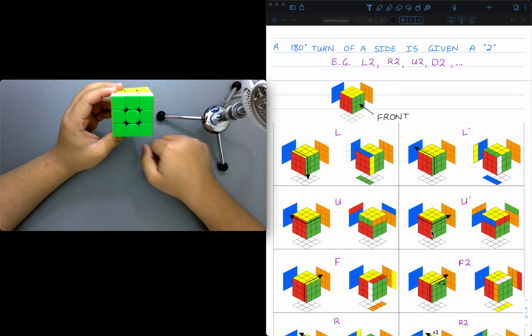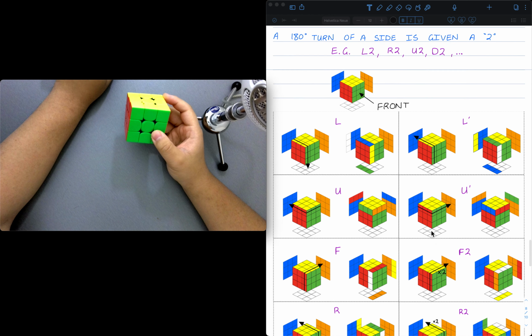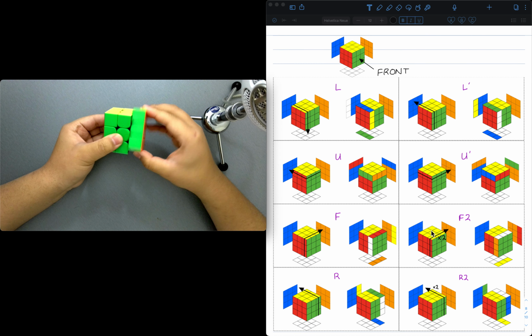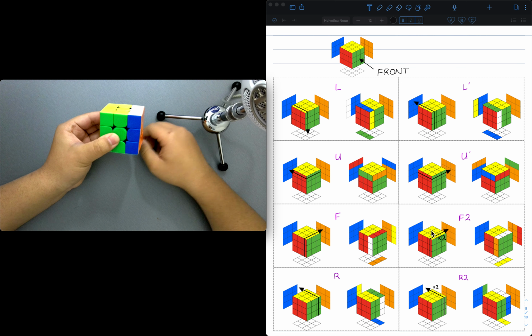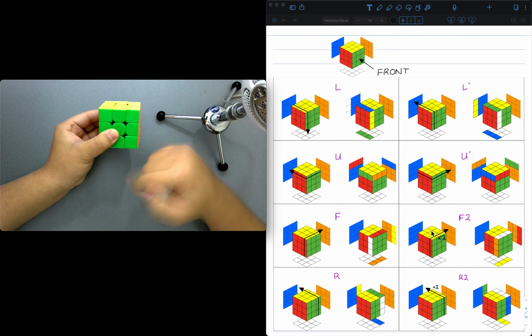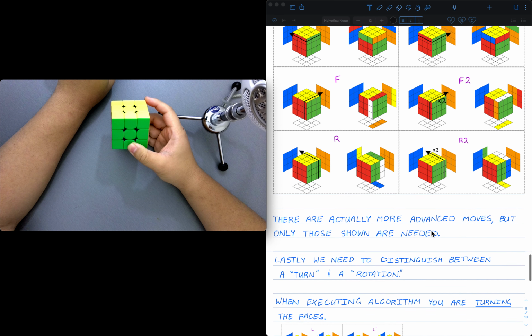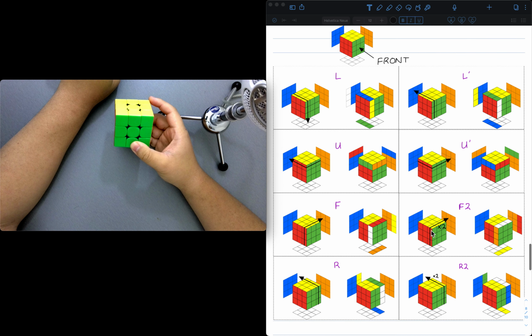So I just do it twice. If this is R, R is going this way. R2 is just twice. So there are actually more advanced moves, but these are just the ones that we're going to be needing.